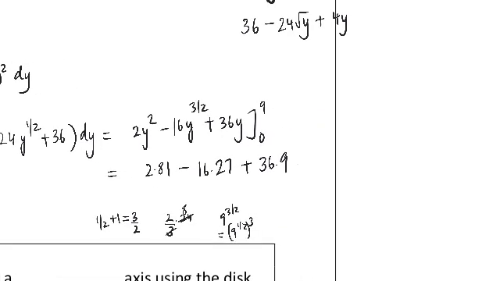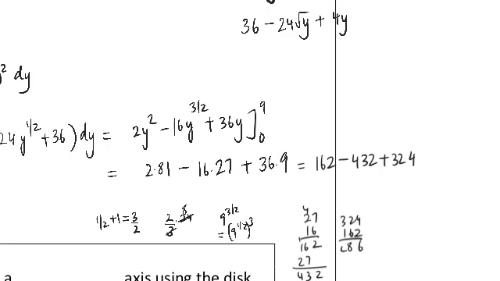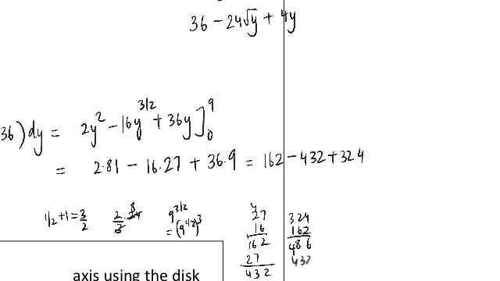So this is 162 minus 16 times 27, which is 432, plus 36 times 9, which is 324. 324 plus 162. You can use a calculator on this. I just don't have one handy, so I need to just do it this way. This is coming out to be, I think, 54 pi. And I believe that is the right answer.